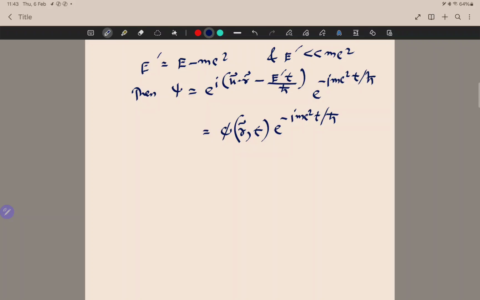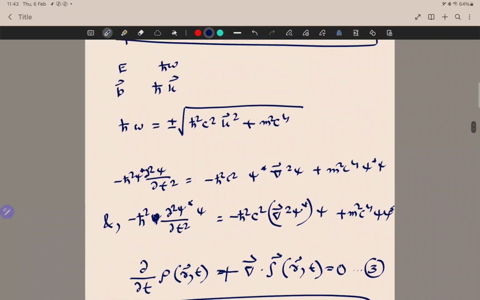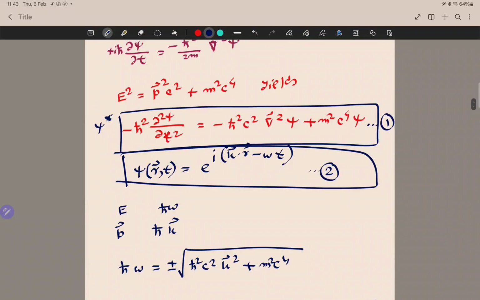Now another feature of the Klein-Gordon equation. Applying a proper Lorentz transformation, we see that the equation is invariant, so the wave function can at most differ by plus or minus 1.